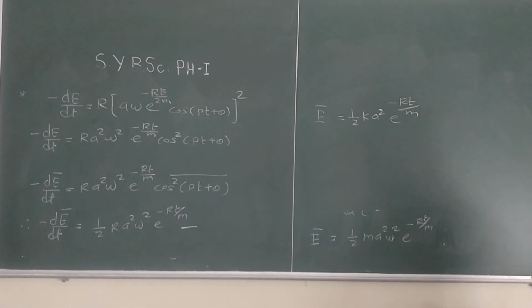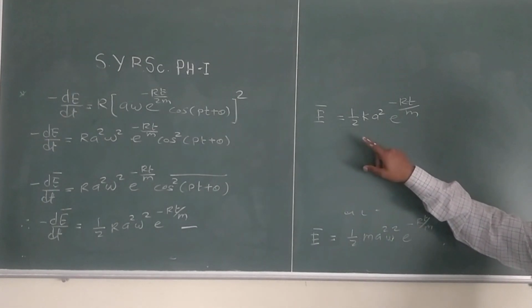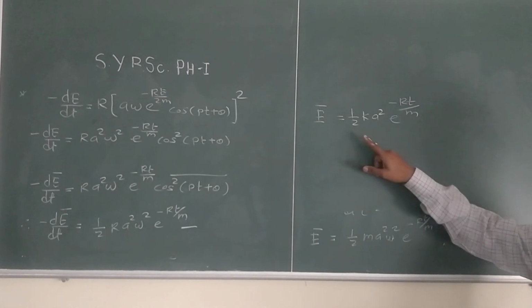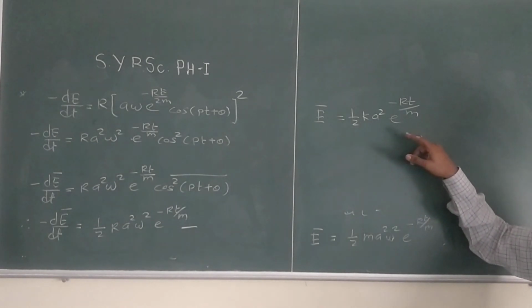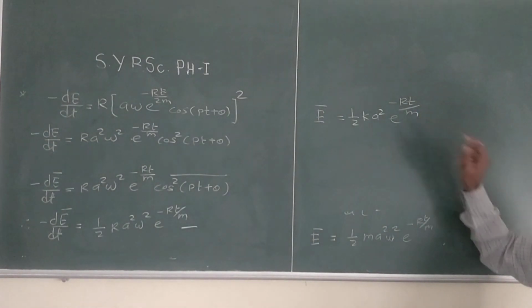From this equation we conclude that the average energy of the oscillator decreases with the exponential term e raised to minus rt upon m.